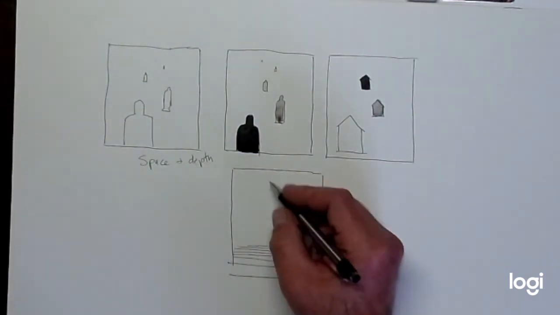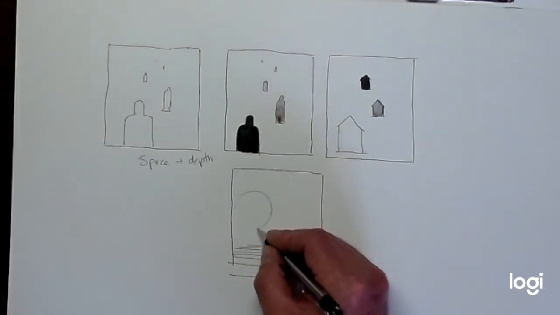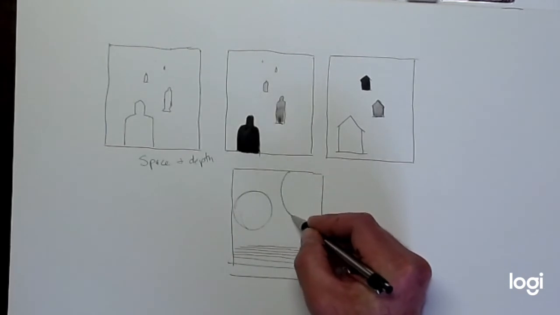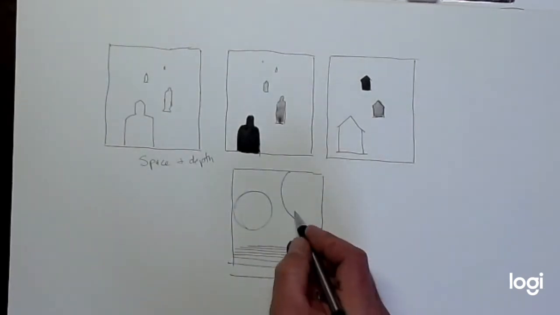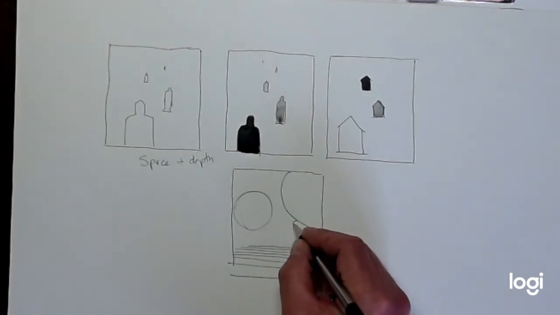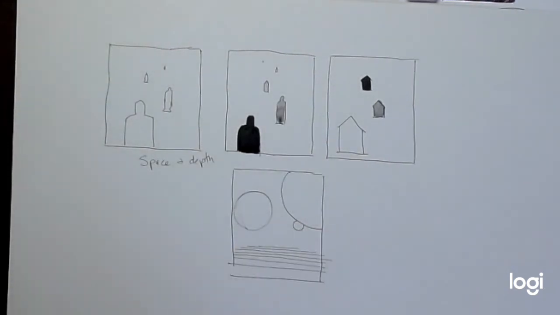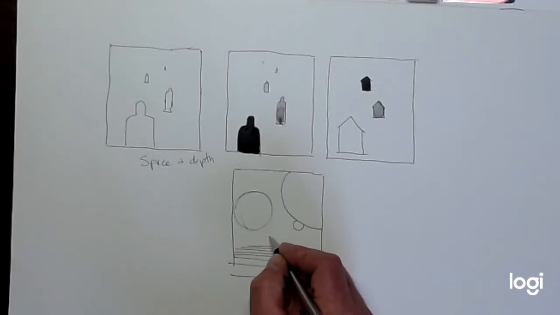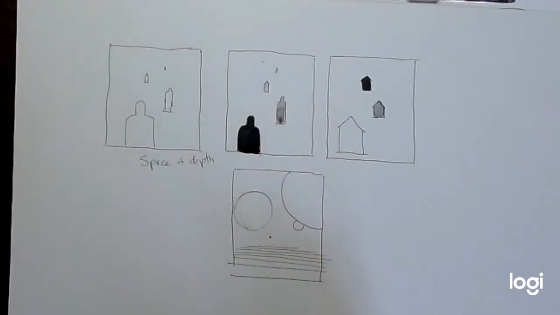So if I have a circle here as my reference, I can go like this, make a bigger circle, and that pushes this circle back. I can overlap for depth, and I've gone smaller still, and that pushes that circle back. And I can reduce scale for depth, and that pushes that circle back the furthest.